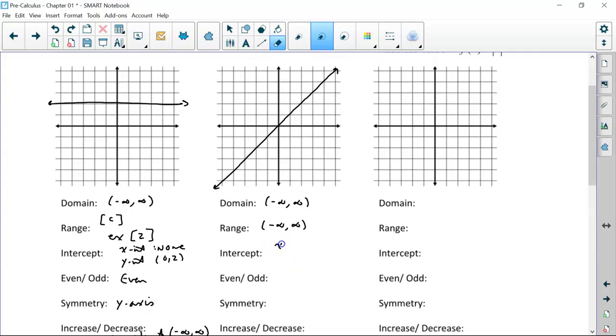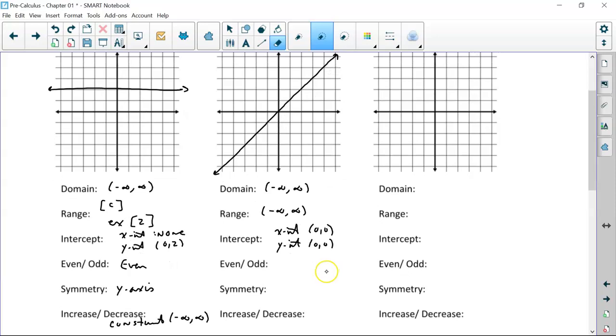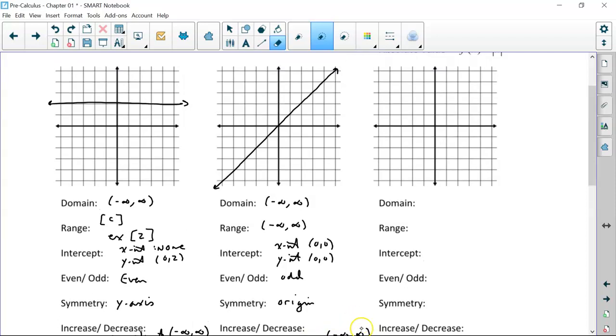Our intercepts, the x-intercept is at 0, 0, and that's the same place as the y-intercept because that's the origin, 0, 0. Now this function has origin symmetry, meaning it's an odd function. And this graph, for increasing, decreasing, it increases the entire length, negative infinity to infinity.